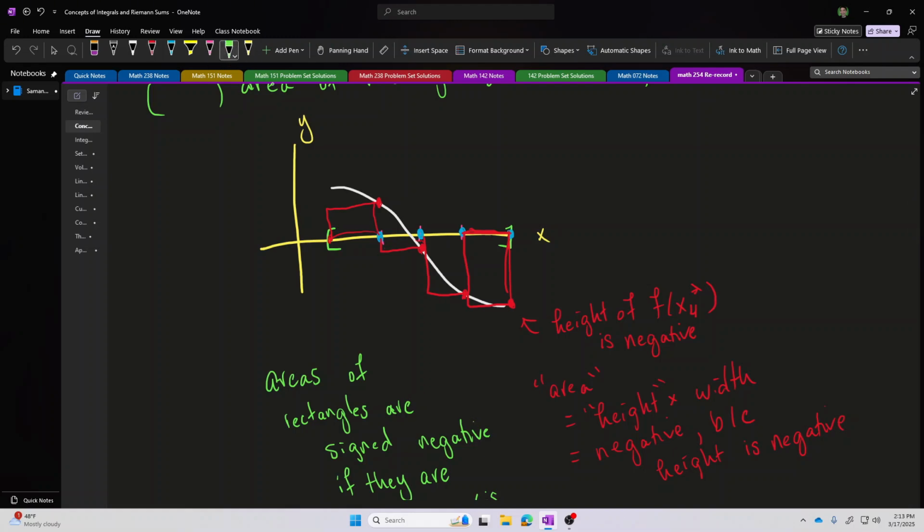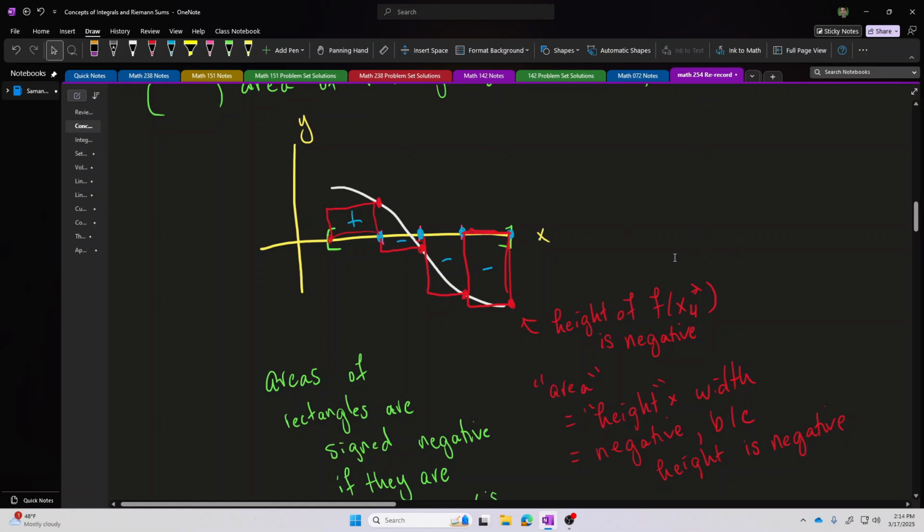Net area allows some rectangles to be positive in sign when we calculate their area, and some of the other rectangles to have negative areas if they are below the x-axis. And then when we add all of these signed areas together, there's going to be a little bit of cancellation between the positive areas and the negative areas.